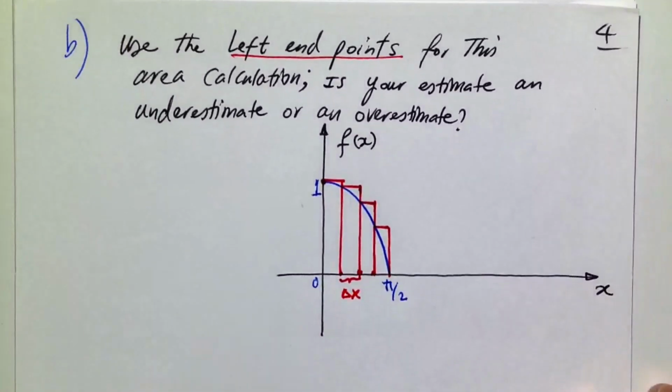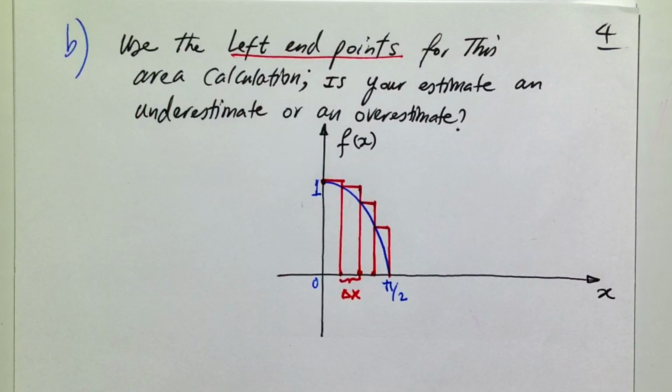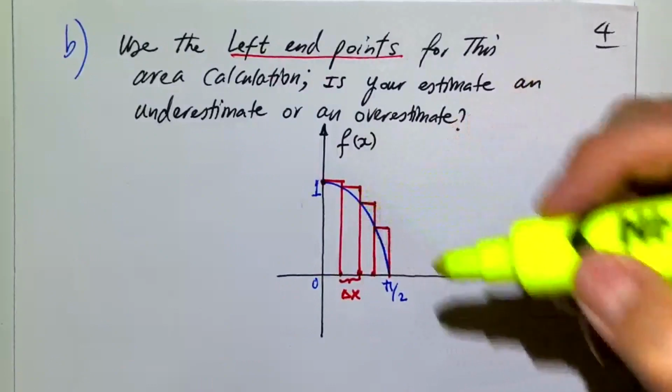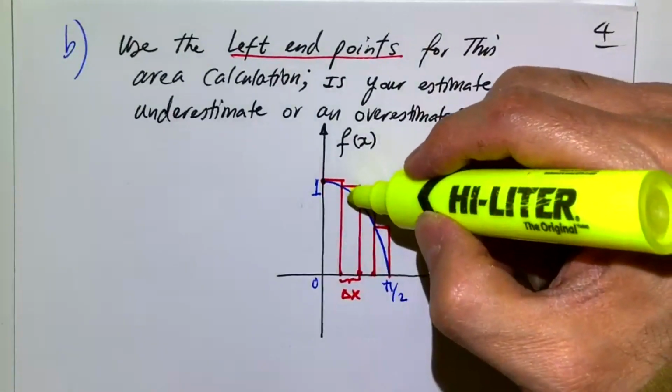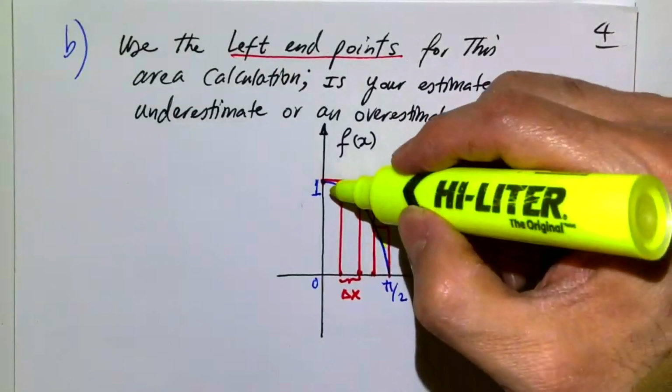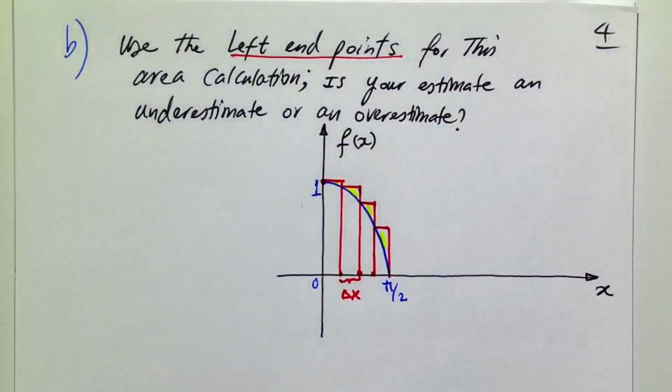Okay, and so that's using the left endpoints, and of course we're going to have an overestimation.